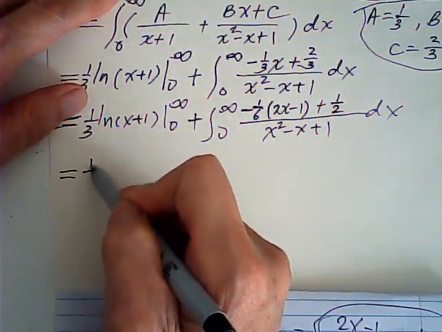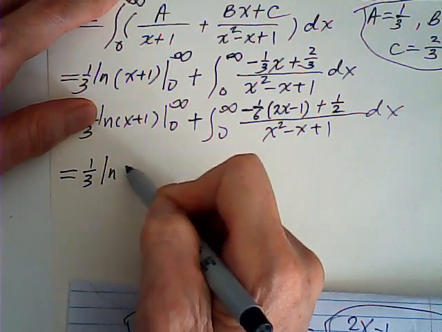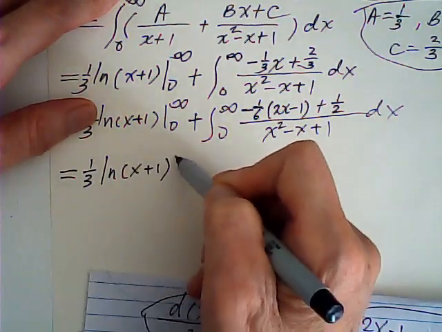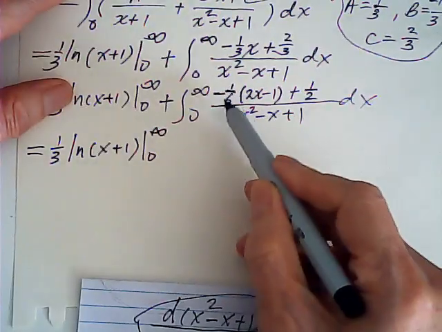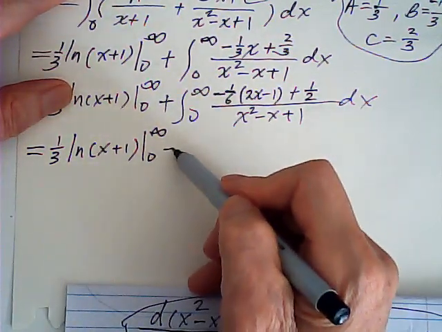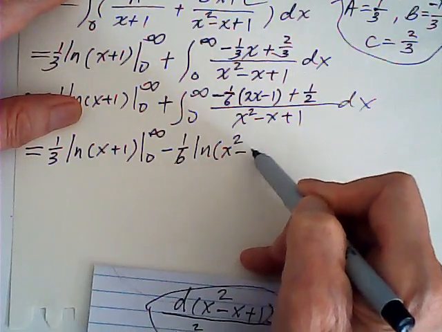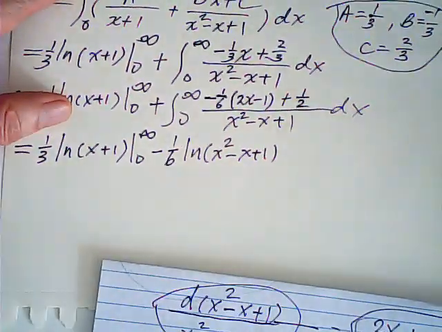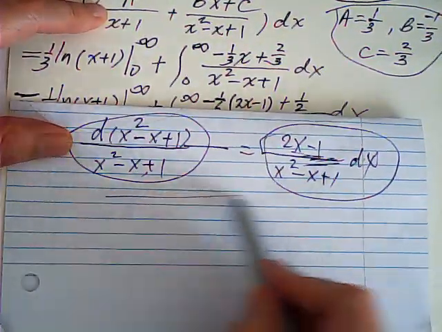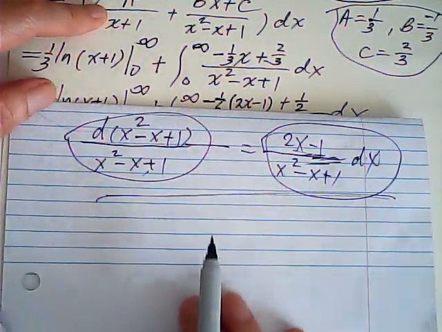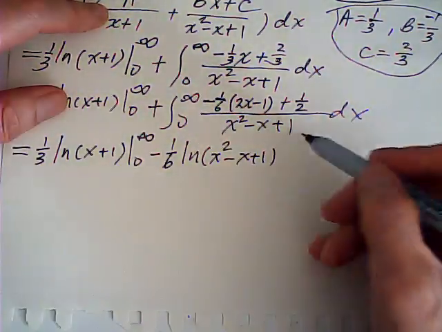So this one becomes 1/3 natural log of x plus 1 from 0 to infinity. This part is equal to 1/6 natural log of x squared minus x plus 1. That is what I designed in the first place, right?